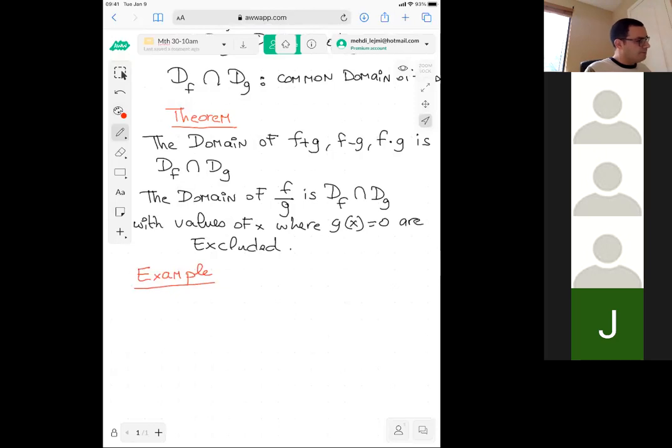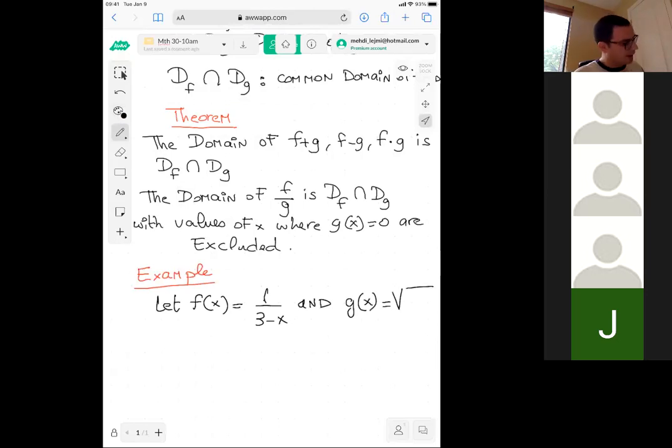Let's say f of x is 1 over 3 minus x, and g of x is the square root of x plus 4.